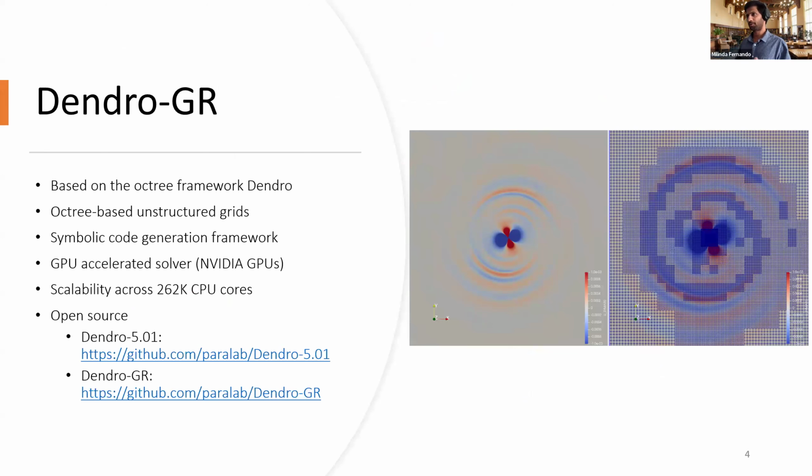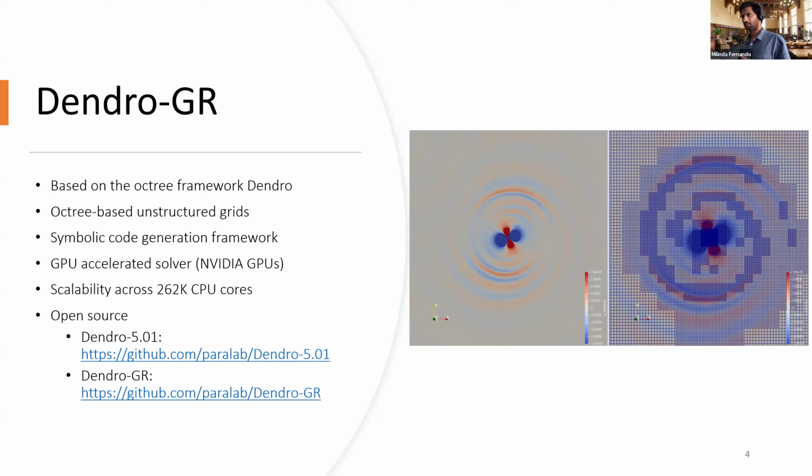So, a very brief overview of the Dendro-GR framework. Dendro-GR is based on the octree framework named Dendro, which has a library suite for supporting octree generation in a distributed memory setting, and all this adaptive grid generation is handled by the Dendro framework.